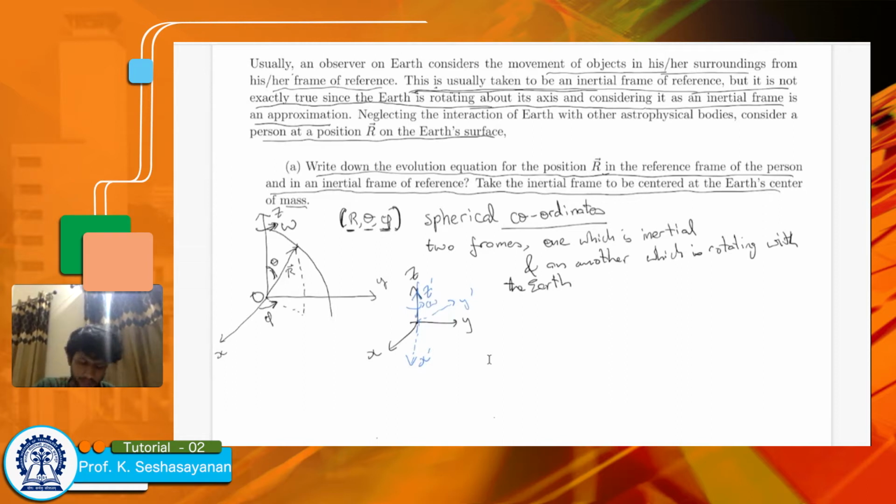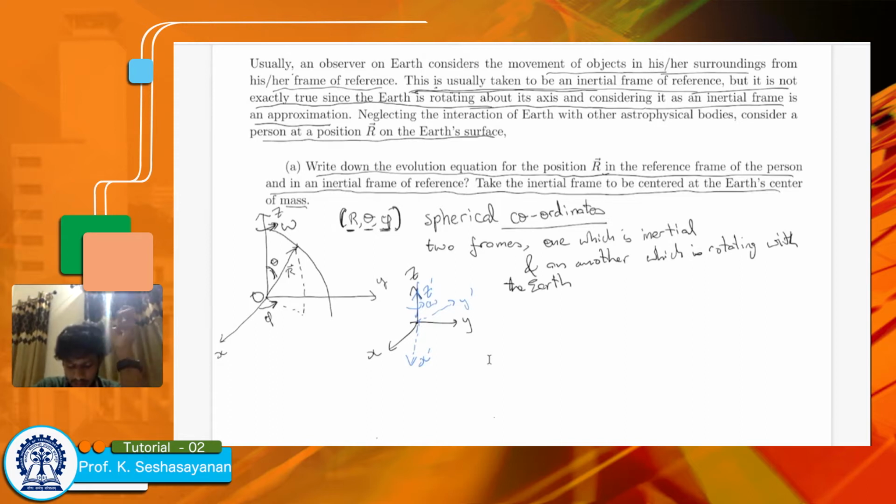So inertial frame is nothing but, let's say there's an observer outside Earth. So this observer could be in a satellite or could be in another planet, which is relatively in an inertial frame. So it's an inertial observer. It's not accelerating.